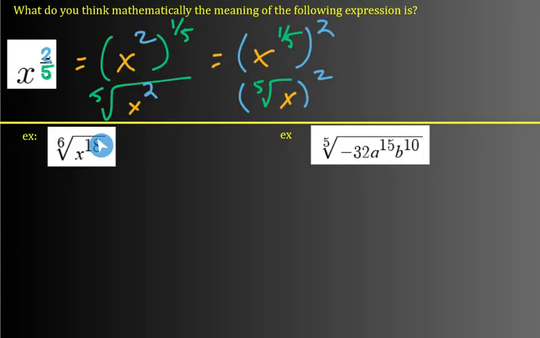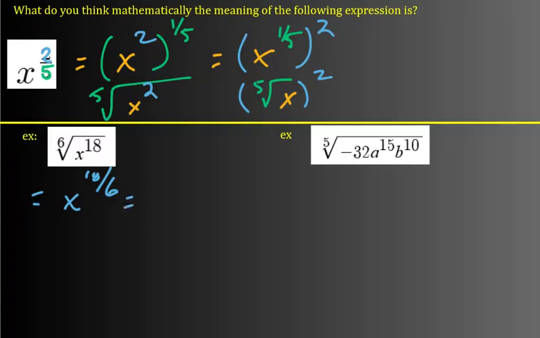Down here, I just wanted to do a few examples where I show you how I could simplify these roots. So let's do that. We get the 6th root of x to the 18th, which I want you to think of as x to the 18 divided by 6, because it's like the 1/6 power.